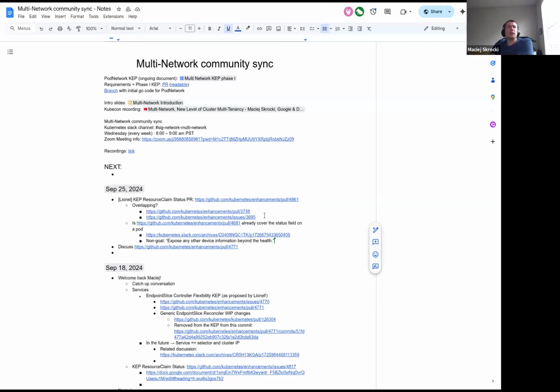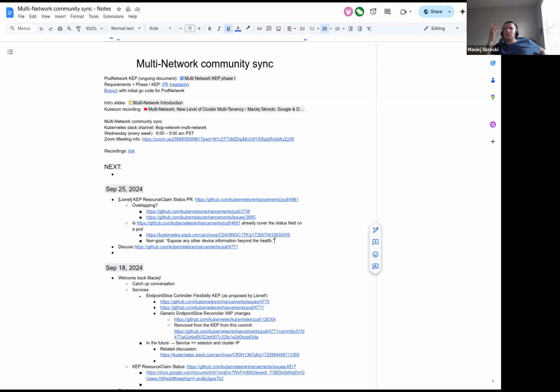I saw Tim saying let's give it a breather and think about it again. I saw Antonio as well saying that there should be at least 2 implementations. On the last bit, if this is going to get added, Google definitely is going to use it, right? We are going to use that for our multi-networking approach.